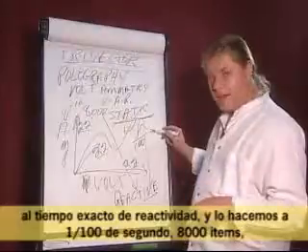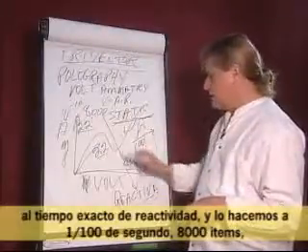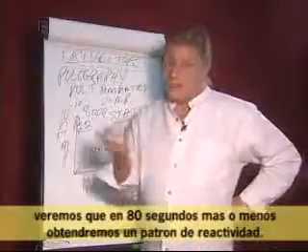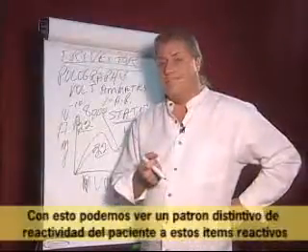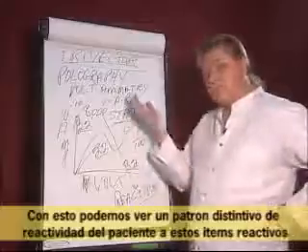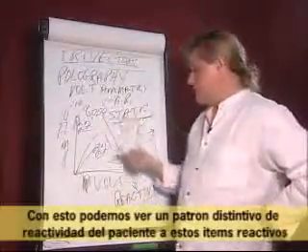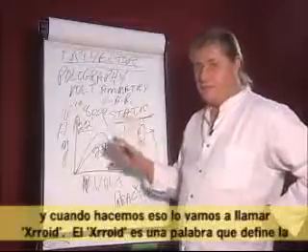And if we do that, 1/100th of a second, 8,000 items, in about 80 seconds or so, we can get a pattern of reactivity. With this, we can now start to see a distinct pattern of reactivity of the patient to these items.